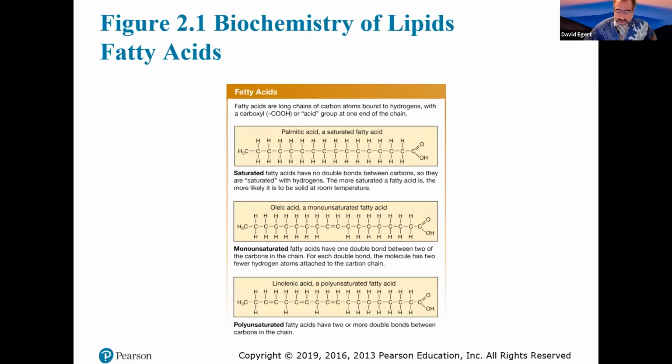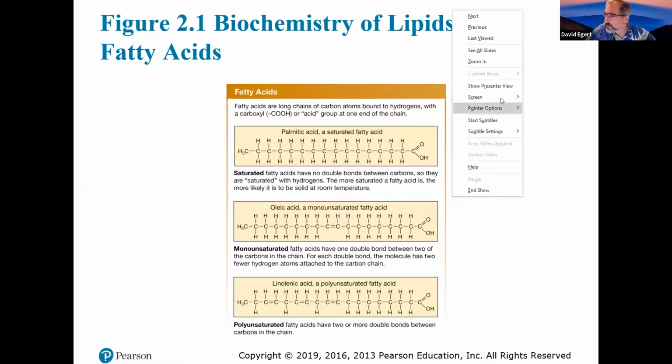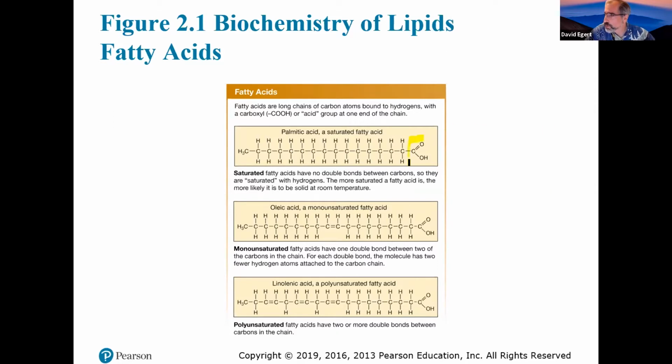So these are what fatty acids look like here up on your screen. If I take the highlighter, this part here is the little carboxyl. And then here you can see this long hydrocarbon chain coming off of it. This one, where every carbon has its full complement of hydrogens, has as many hydrogens as you can slap onto this tail.